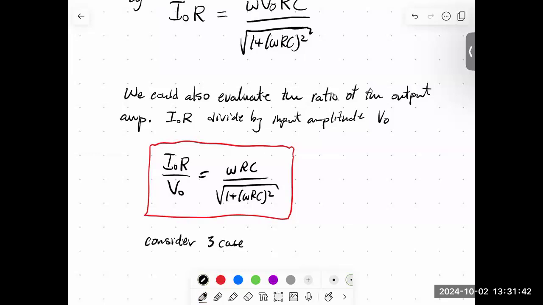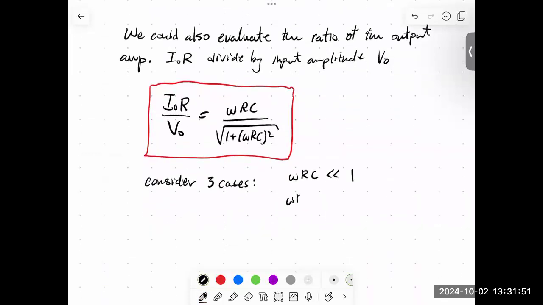So we will consider 3 cases: omega RC is small compared to 1, omega RC is large compared to 1, and omega RC is equal to 1.